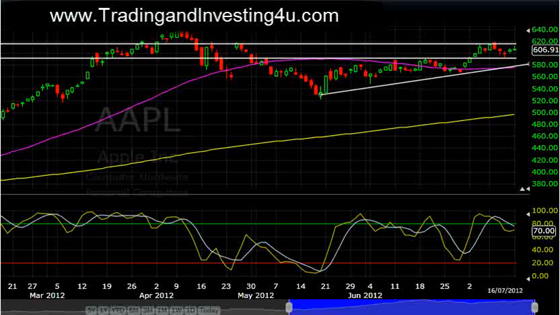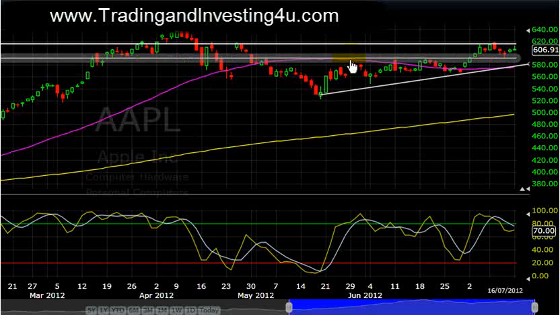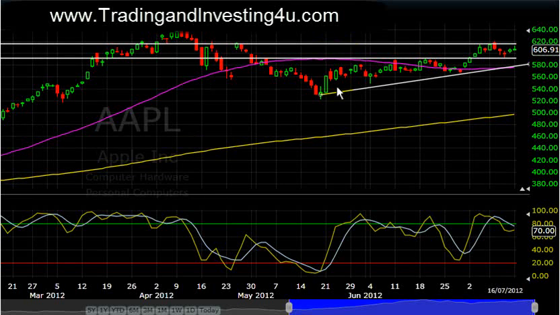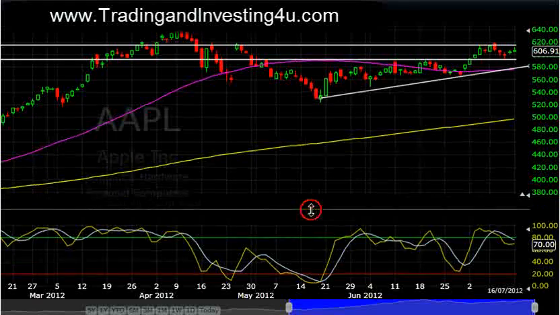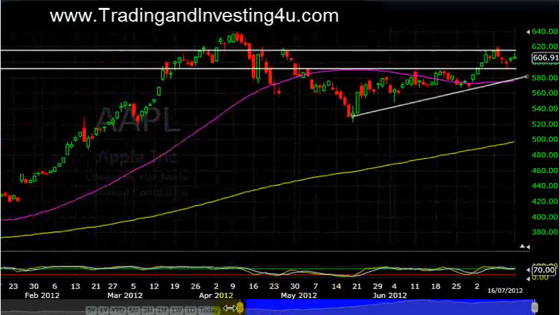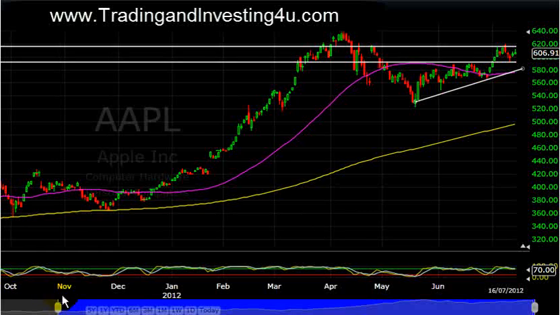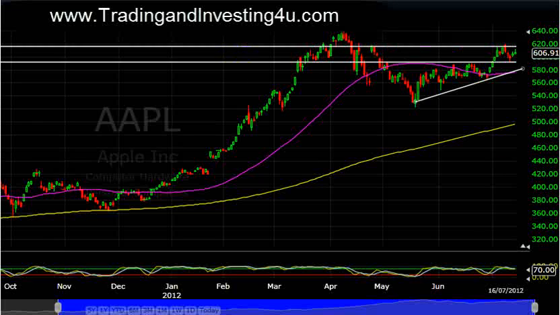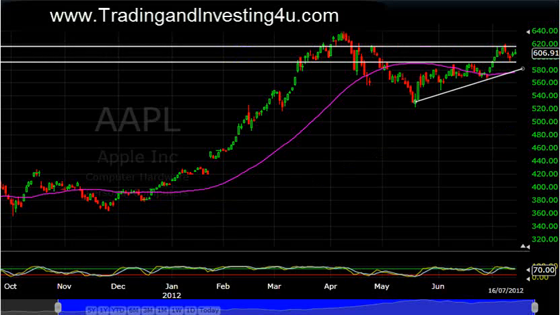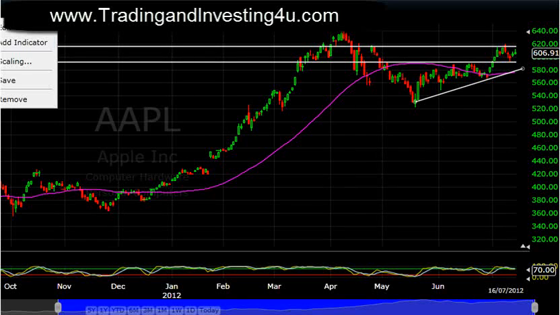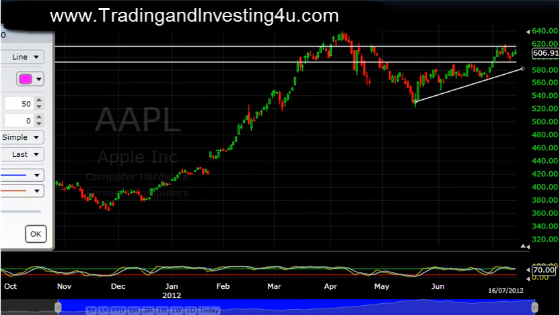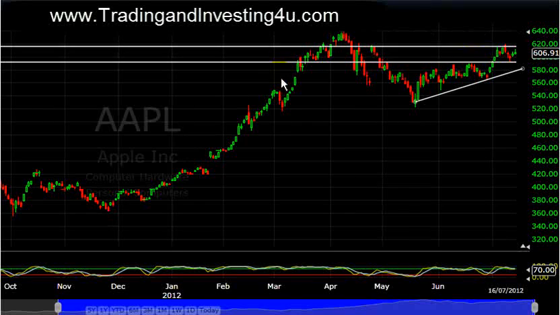So anyway, that's another market update for Apple. I hope you've enjoyed this session here. Again, look at the daily chart, look at the weekly chart, break it down, and start to make some sense out of what this market's on just by reading the market alone. Okay, forget the stochastics for a while. The first thing I want you to do is simply squeeze the chart as much as you can, and then start to draw these trend lines and get a good view on what this market's on. If you're trying to read charts, simply remove the moving averages, and then just start with a blank chart.